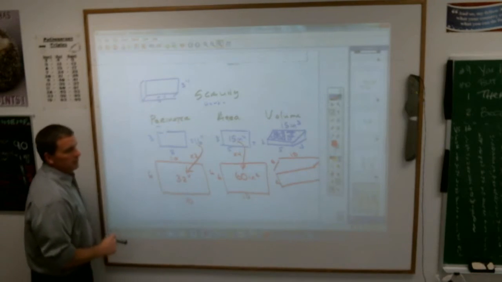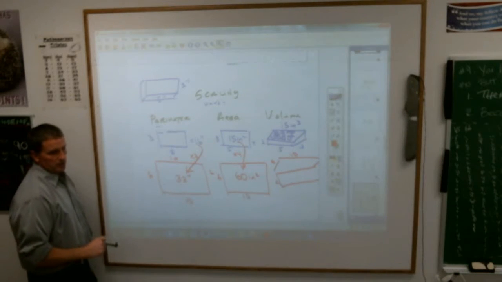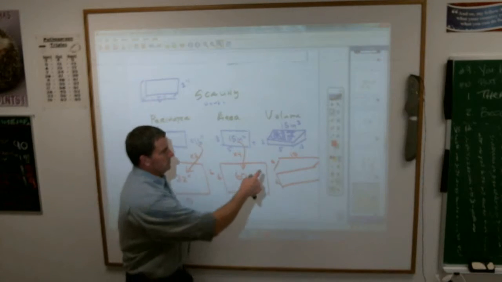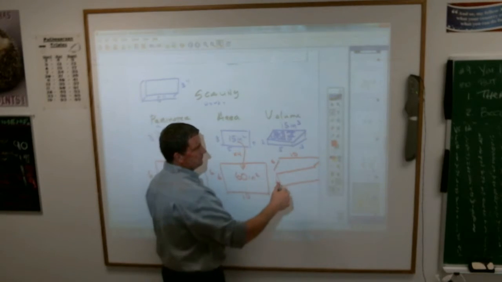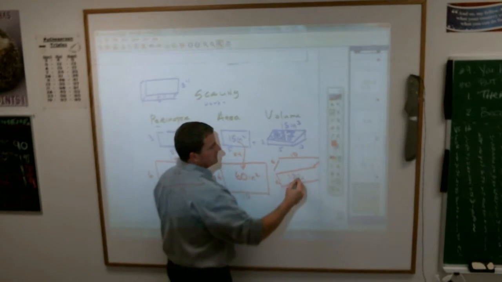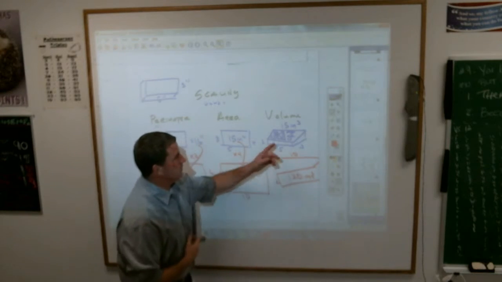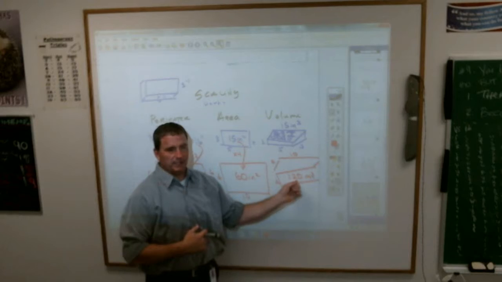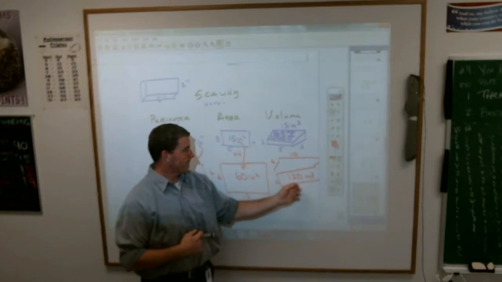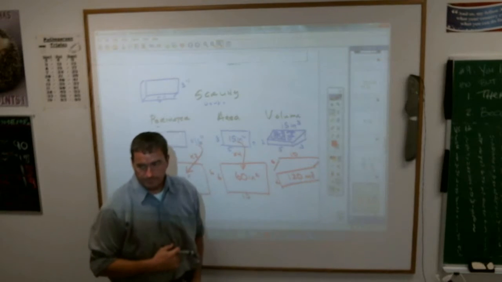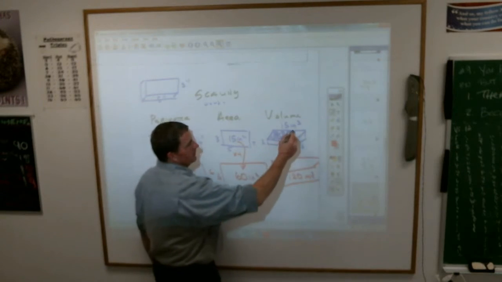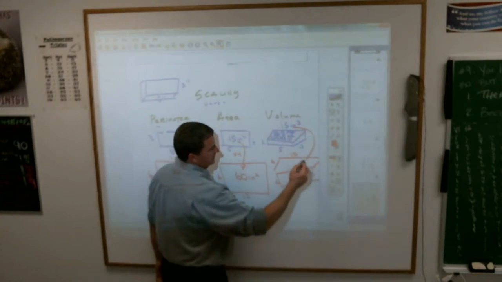My new volume is, what is 60 times 2? 120 inches cubed. Now, to go from 15 to 120, anybody? Kelvin? Wouldn't that be times 8? It is times 8. It's 8 times bigger.